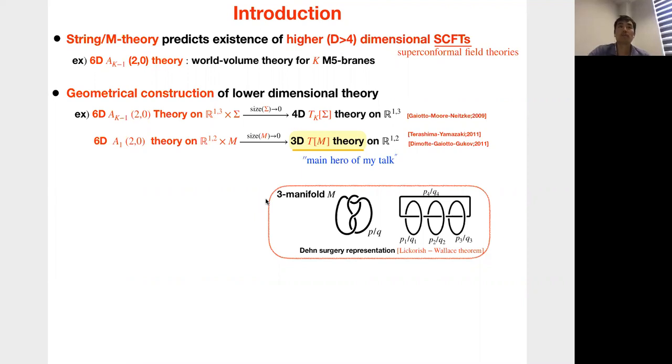In the gluing we should specify the SL(2,Z) element, but it only depends on the upper two components of SL(2,Z). So this is labeled as P/Q. Yeah, the mapping class group of the torus is given by SL(2,Z). So for gluing, we should specify SL(2,Z), but the resulting topology only depends on the first row of SL(2,Z). So it is determined by P and Q.